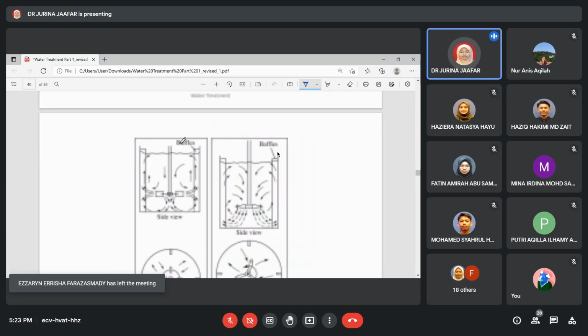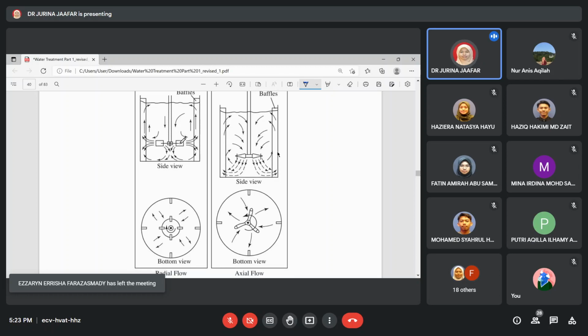As what you can see here, kalau axial ini yang berlaku, you can see the flow movement of the water from the lower part to the upper part on the Y axis direction, dia lebih tinggi. So kalau radial flow ni dia lebih concentrate and it has a smaller concentration into the area. So kita nampak putaran dia lebih concentrate lebih kecil, dan yang ni sebenarnya sesuai untuk rapid mix. Whereby the axial flow ni untuk slow mixing, sebab nak ada more contact with the other materials.